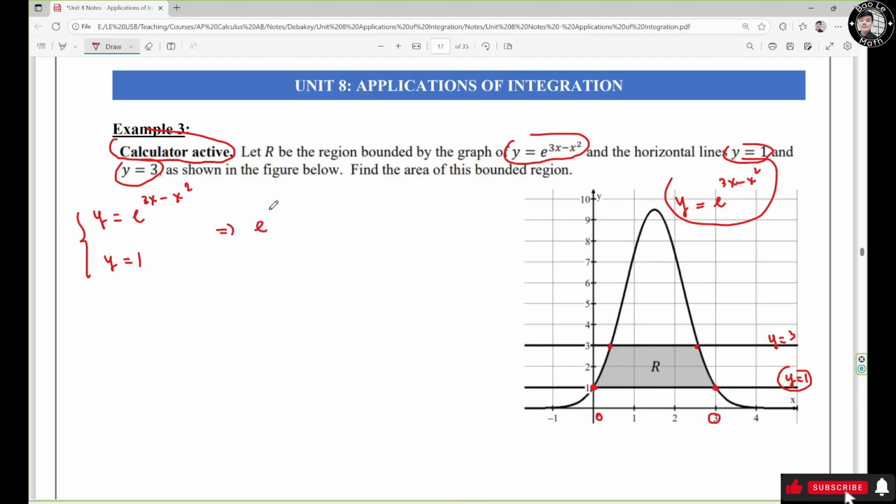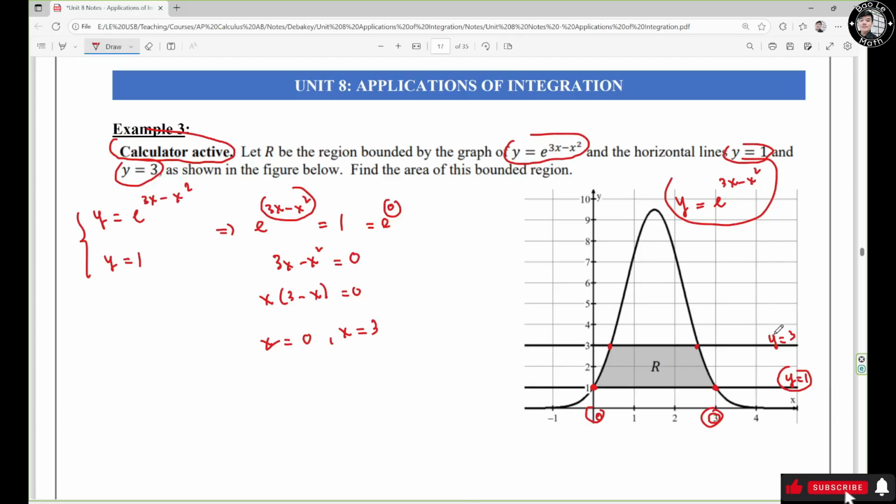Because you have e raised to the 3s minus s squared equals 1, which is e raised to the power of 0, right? So you just equate this guy right here and this guy right here. So I have 3s minus s squared equals 0. Factor s out, so I have s times (3 minus s) equals 0. So I have s equals 0 and s equals 3, which is right here and right here, right?